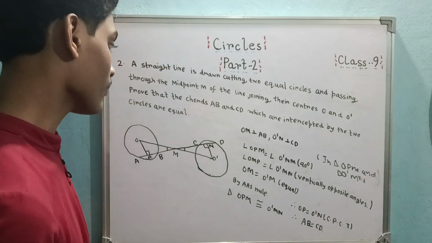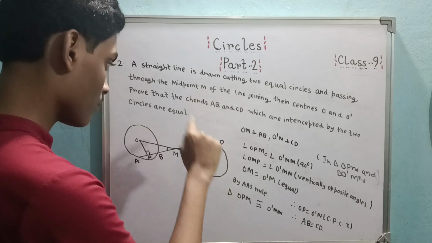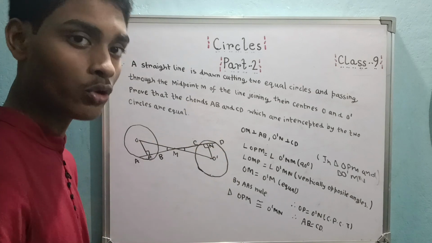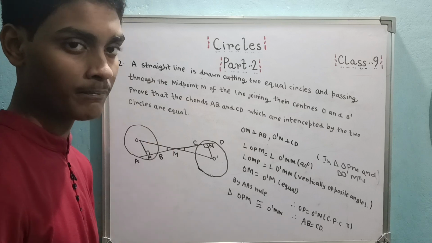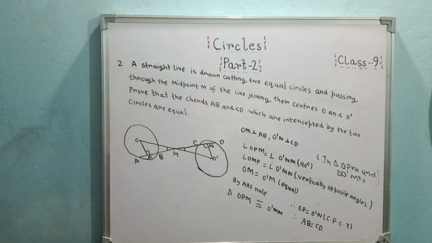And if you know that the distances from the center of two chords of two circles are equal, then those two chords are equal. Just remember that and you can smash this question out of the way. Drawing the perpendicular helped us quite nicely, and congruency, angle side.